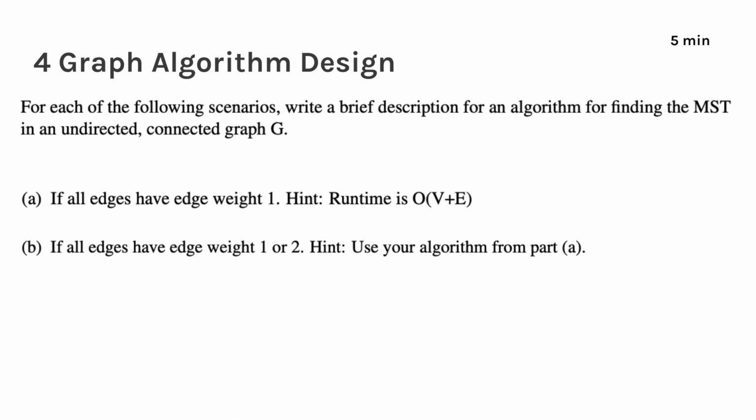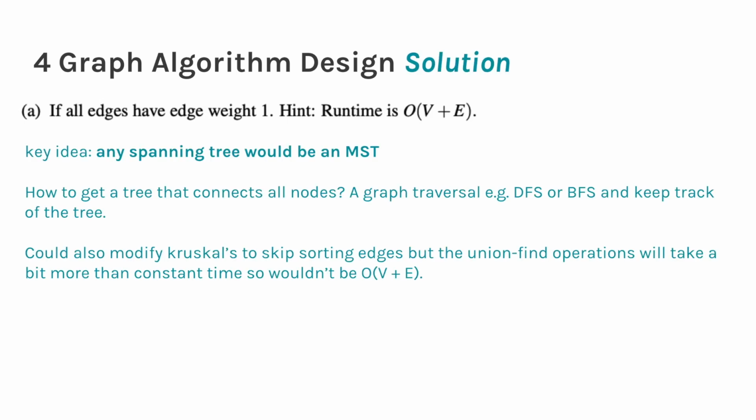Long story short, all the spanning trees will have the same total weight. So basically, all we need to do is construct a tree that connects all the nodes. We can just run a graph traversal algorithm like DFS or BFS and keep track of the tree that we've traversed.